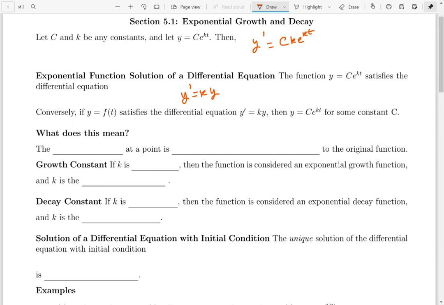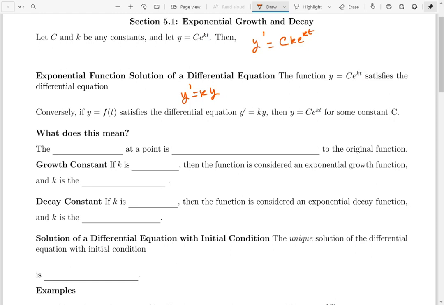And so this is a solution to this differential equation. Now conversely, if we say that y is equal to f of t satisfies the differential equation y prime equal to ky, then y equals c times e to the kt for some constant c.